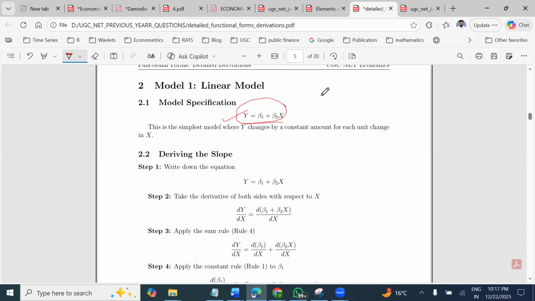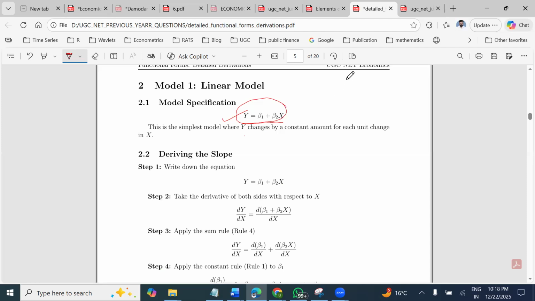So linear functions. Can anyone tell me some of the properties? Basic property of a linear function. Madhusmita? Sir, basically the degree of a linear function is 1.